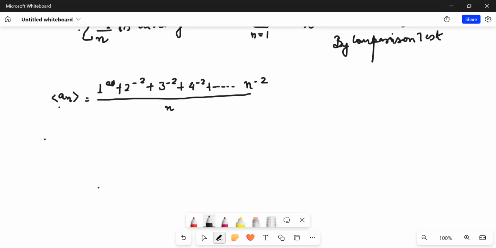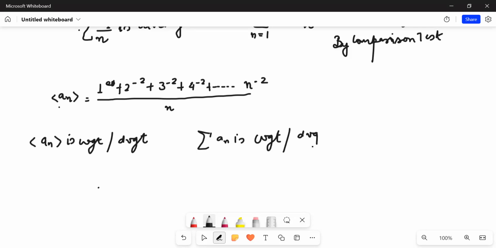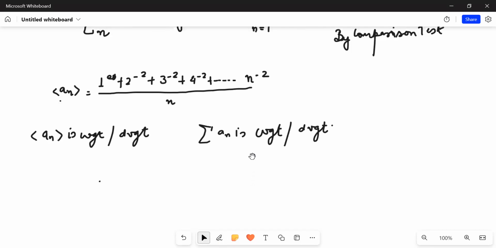We want to know whether an is convergent or not, and we also want to know whether summation an is convergent or not. So how to go about this question?